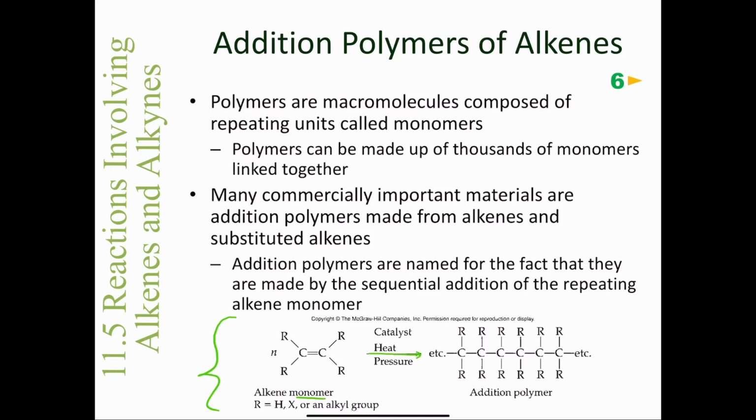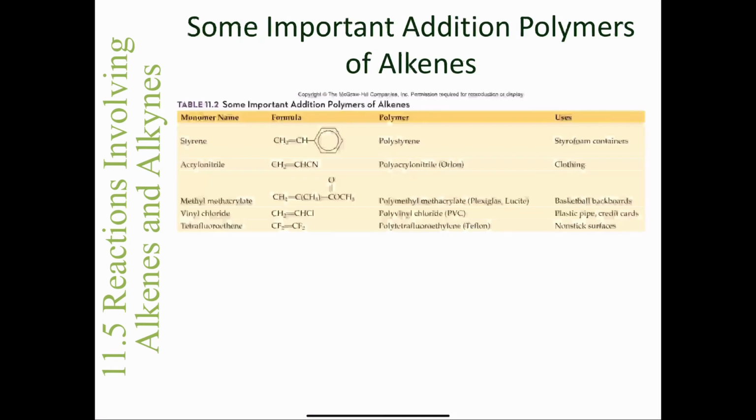And what happens is we end up breaking all of those pi bonds, and we form new sigma bonds to form our addition polymer. So let's say we took a monomer like styrene to make polystyrene. If we write out the formula the way that it was written in that scheme on the previous slide, I have my carbon-carbon double bond, I have a hydrogen, and then I have my benzene ring or my aromatic ring attached here.